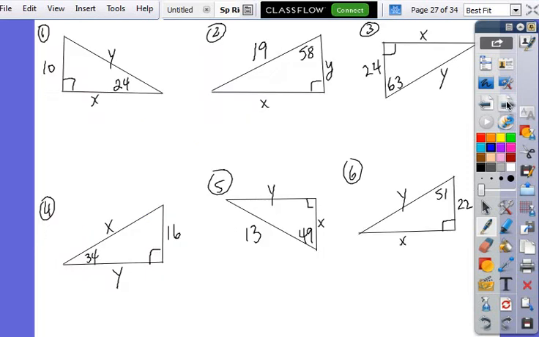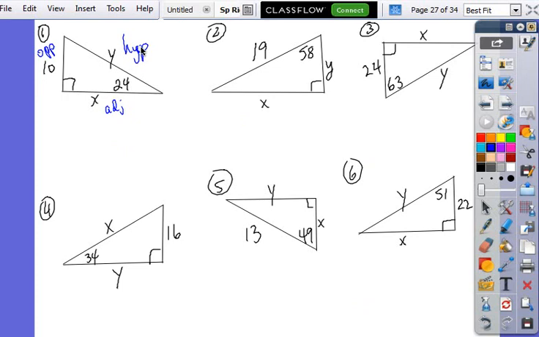All right. What you look for on these, which two sides does it give you? I'm going to pretend like the Y is not there. So if I'm looking at solving for X, the 10 is what side? And if you need to, write down opposite, adjacent, hypotenuse. That should tell you which side you've got.